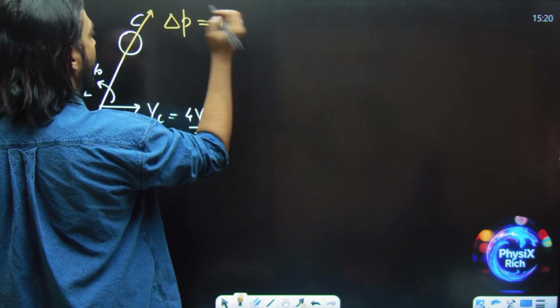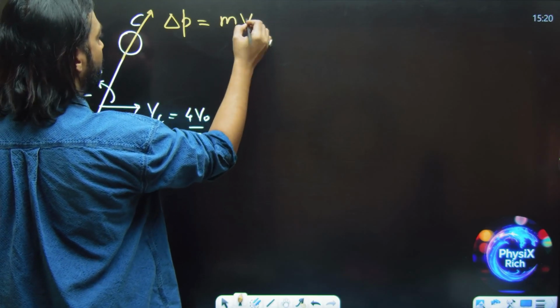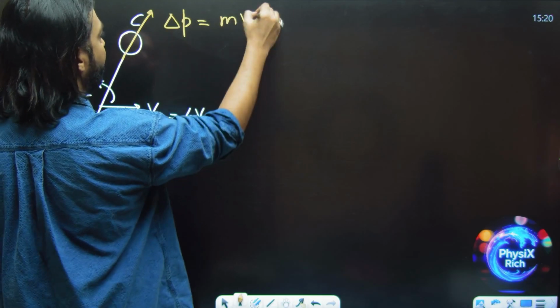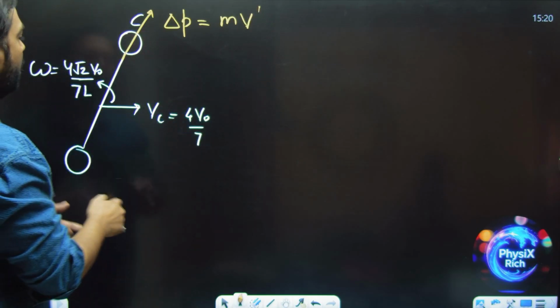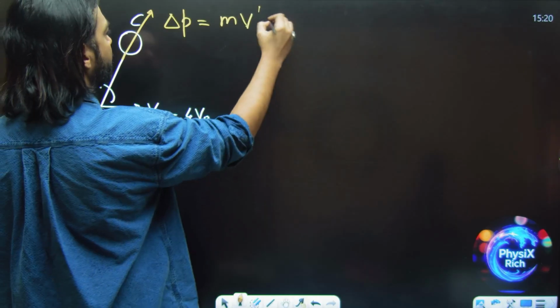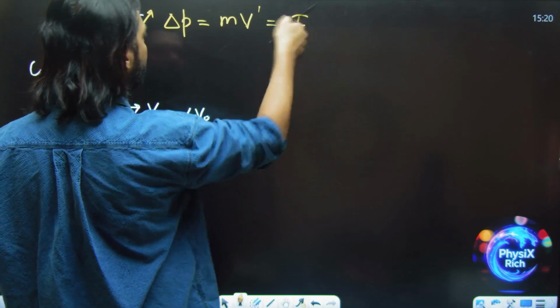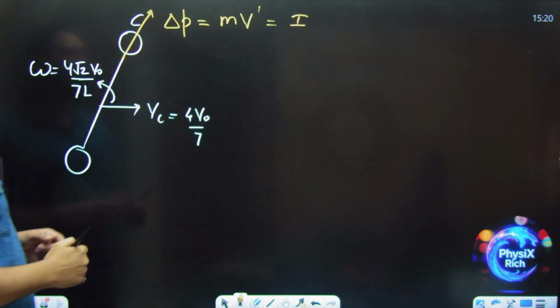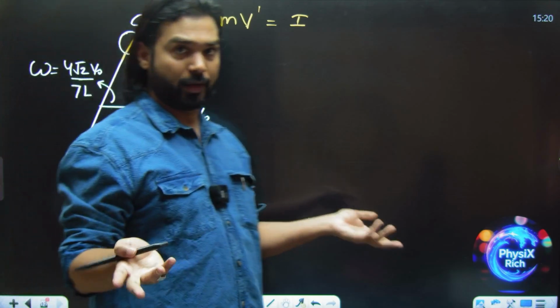It will be mv. Let's call this v as v dash. I don't want to call it vc because c is the center of mass. Delta v is mv dash, and that itself is our answer, mv dash, which is I. That is the impulse on C. That's what we are looking for.